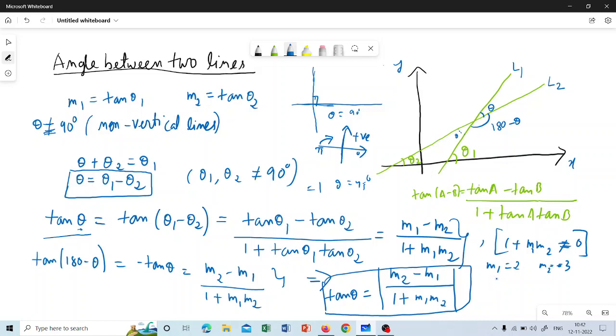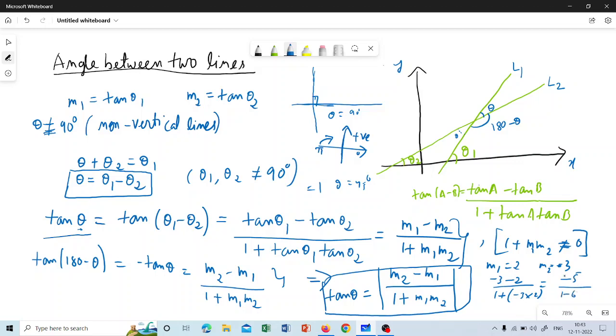So if I take m2 is equal to minus 3, then tan theta is m2 minus m1 by 1 plus m1 into m2, that is minus 3 minus 2 by 1 plus 2 into minus 3. So what do we get? It will be minus 3 minus 2, minus 5. Also, plus into minus is minus, so 1 minus 6 you get.